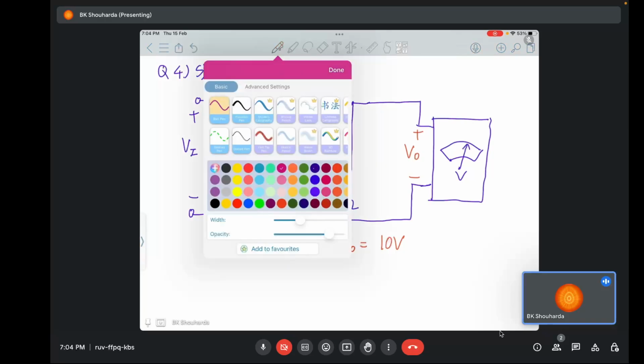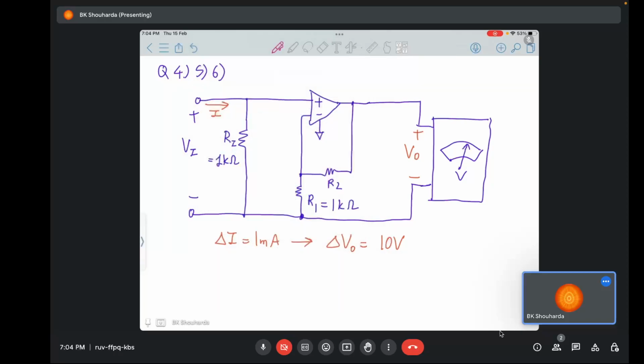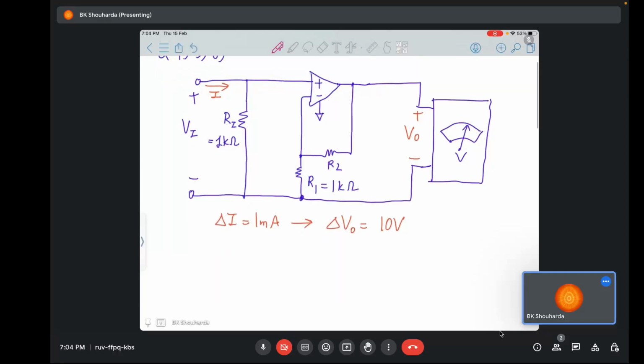Now, how should we go about solving this? First of all, the biggest confusion that takes place is we need to put on a common ground.